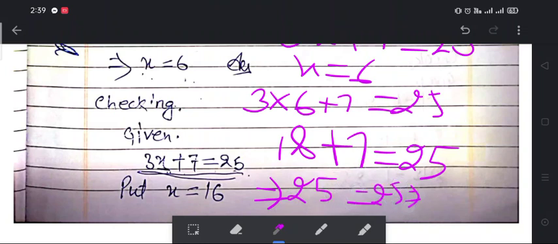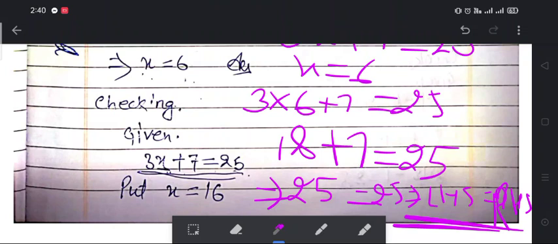This implies that left hand side is equal to right hand side, which means that our solution is true. I hope the solution is clear to everyone.